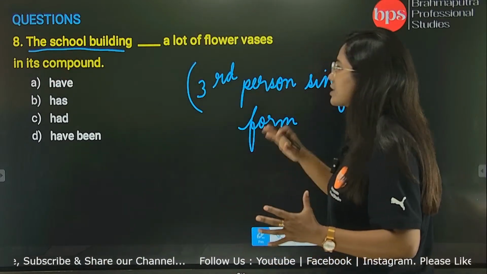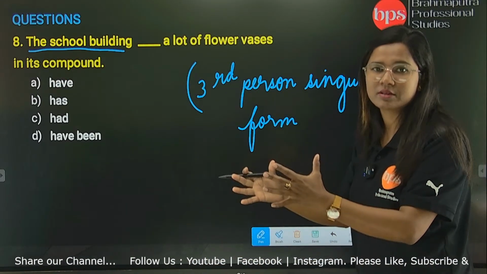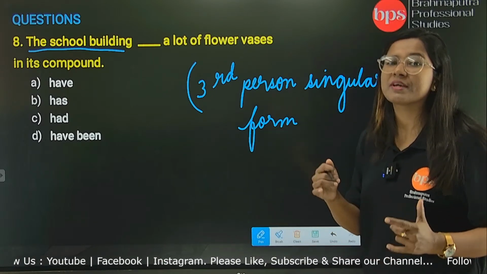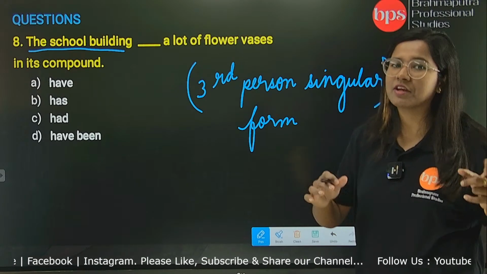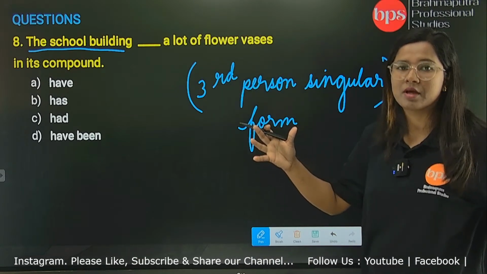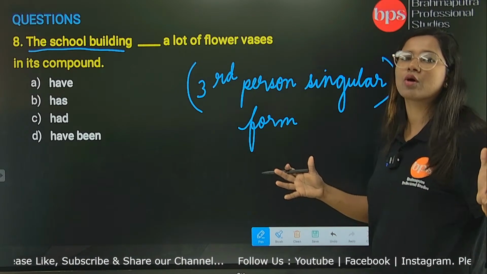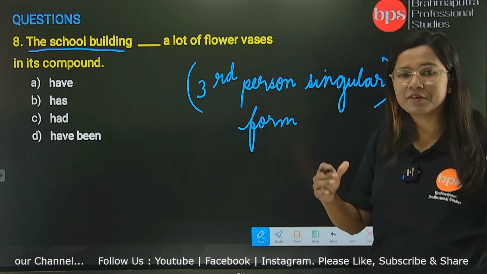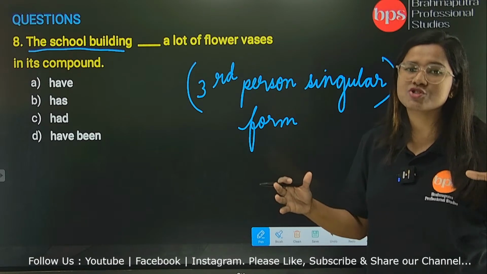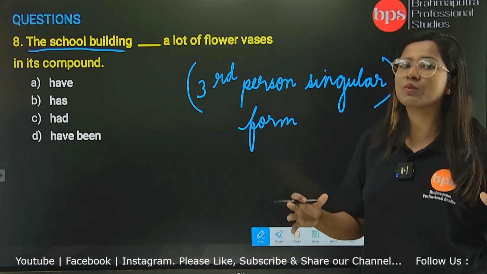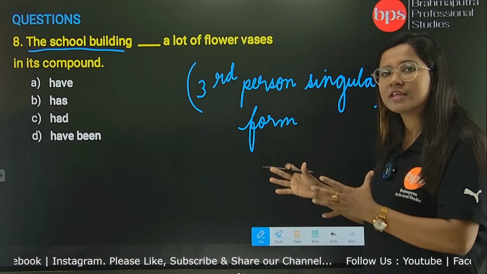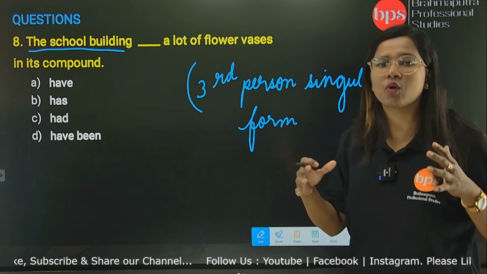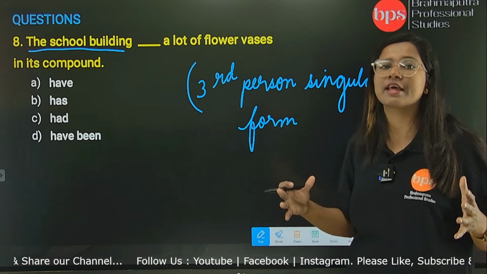The school building is in the third person, and the number is singular because it is one single building, and not the entire compound or all the buildings related to the school. The school may have two or three buildings or more, but the idea of the sentence is the whole building taken as a whole.